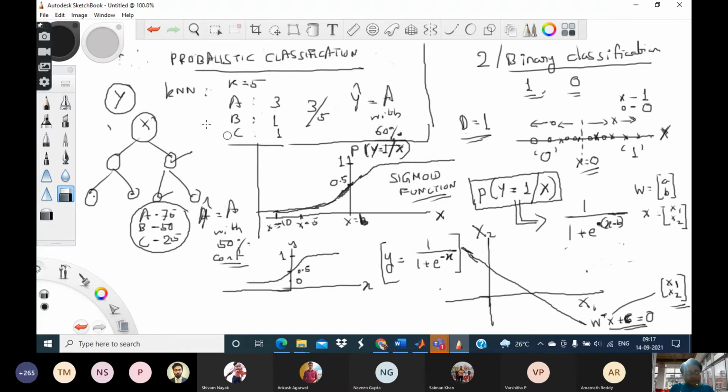Now what happens in this case is analogous to the previous case. On this side, most of the points are crosses, that is to say plus 1. On this side of the line, most of the points are circles, that is to say 0. But there is a difference: there are some outliers like this, and also some outliers like this.